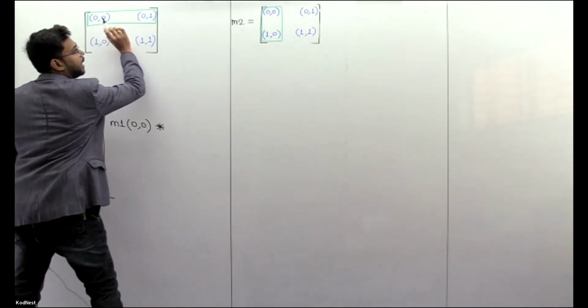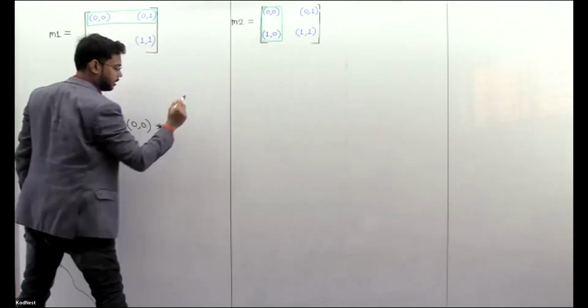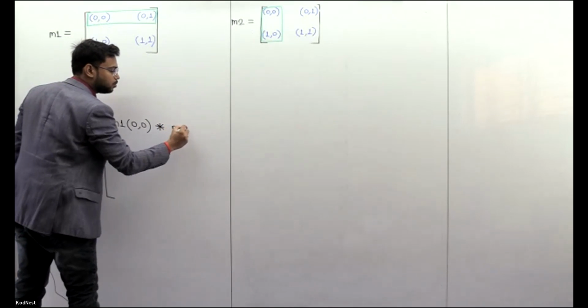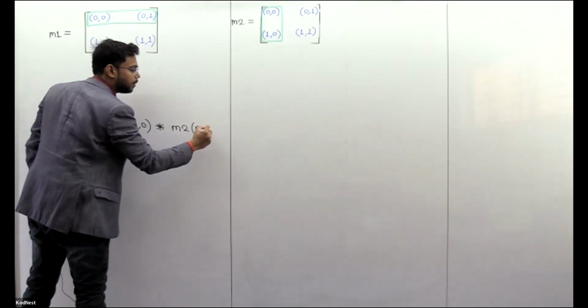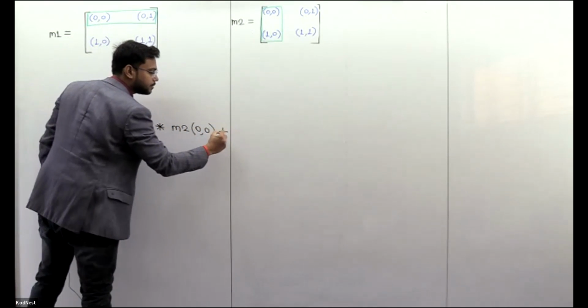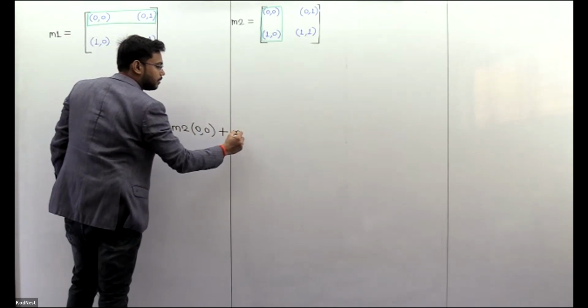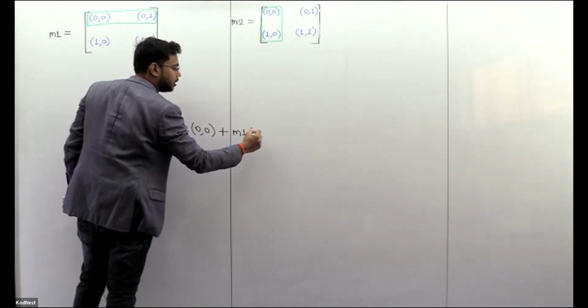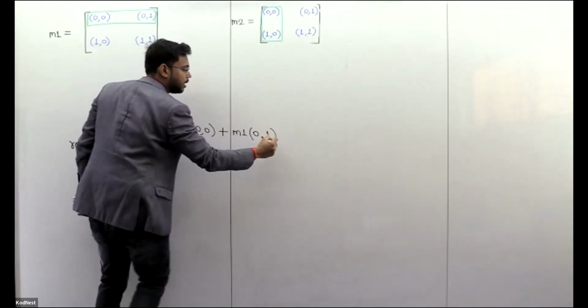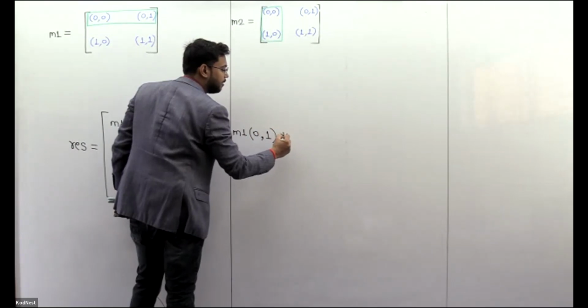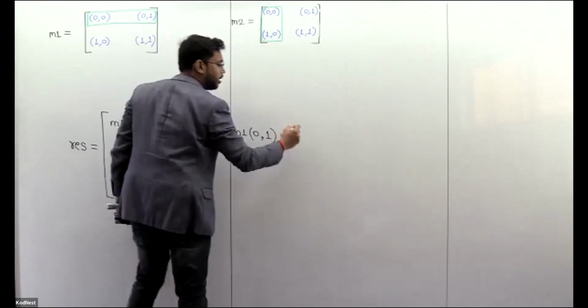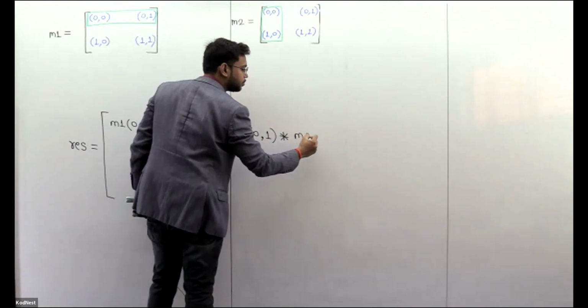This element I have to multiply with this element. So I have to multiply this with M2, 0, 0 plus M1, 0, 1. M1, 0, 1, I have to multiply with M2, 1, 0.